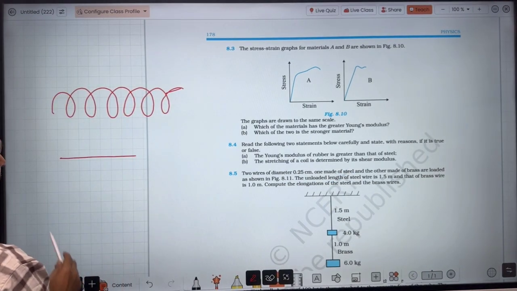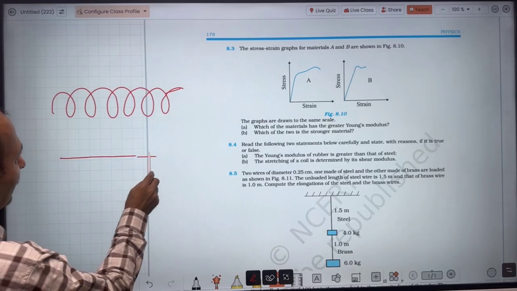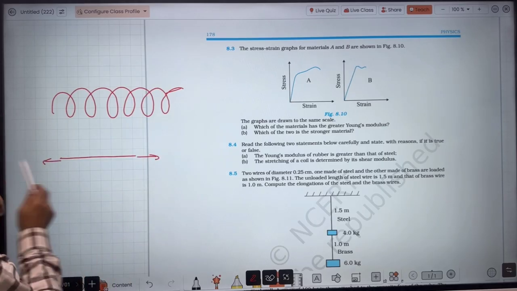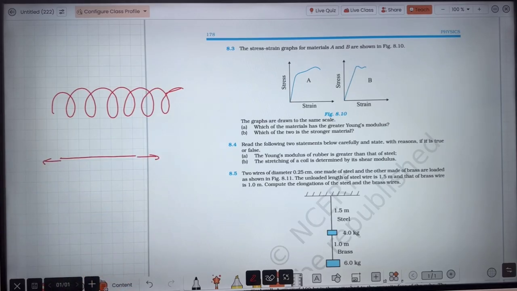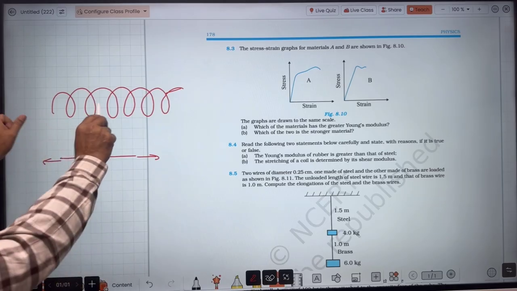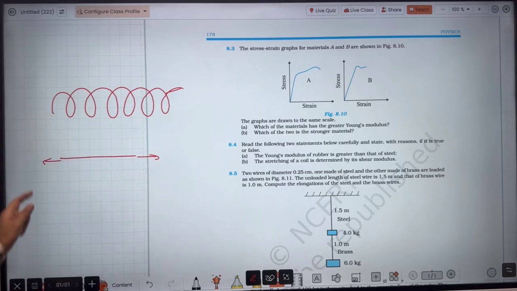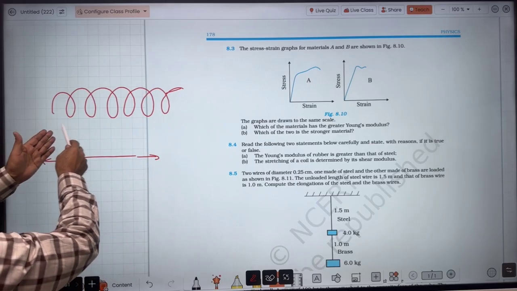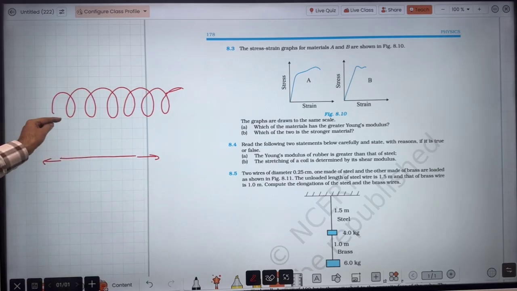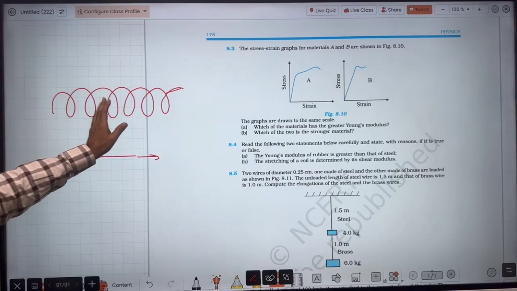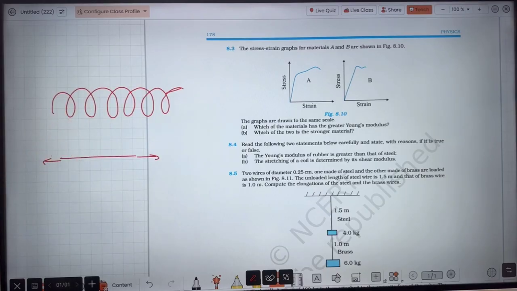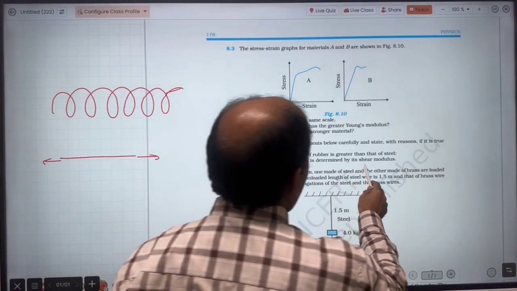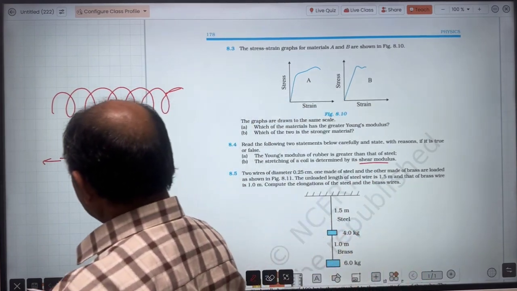Had it been a straight wire, and if you had applied force and there was an elongation, then it could be the Young's modulus. But here, since it is a coil, if you stretch it, it will get deformed, or you can say there will be extension, but the whole length of wire making the coil will remain intact. So that is why this is the correct one.